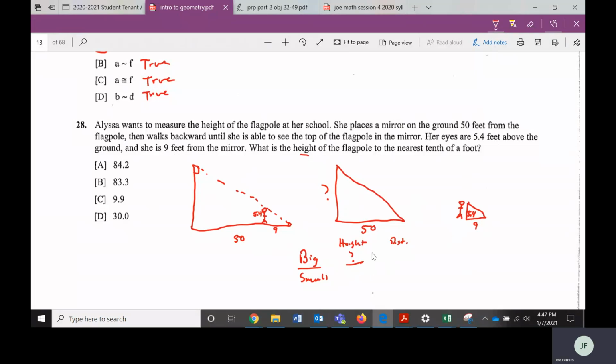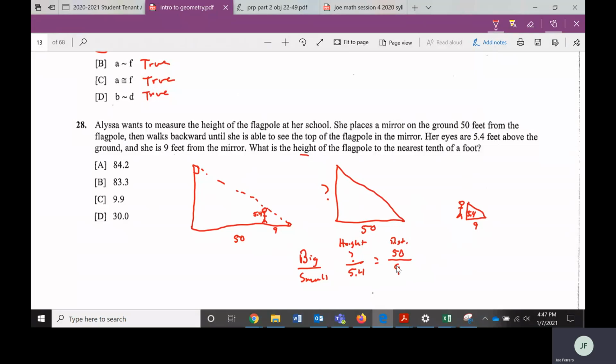But we know her height, or height of her eyes anyways, is 5.4 feet. Okay, then we're going to go the distance on the ground for the big triangle is 50. Okay, and then the distance on the ground for the small triangle is 9.